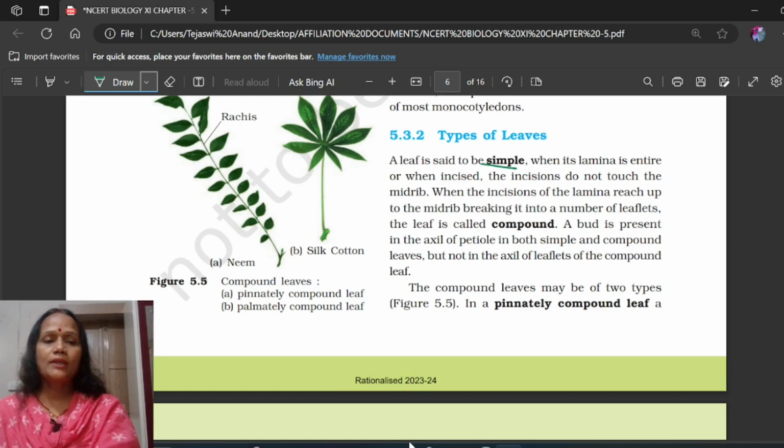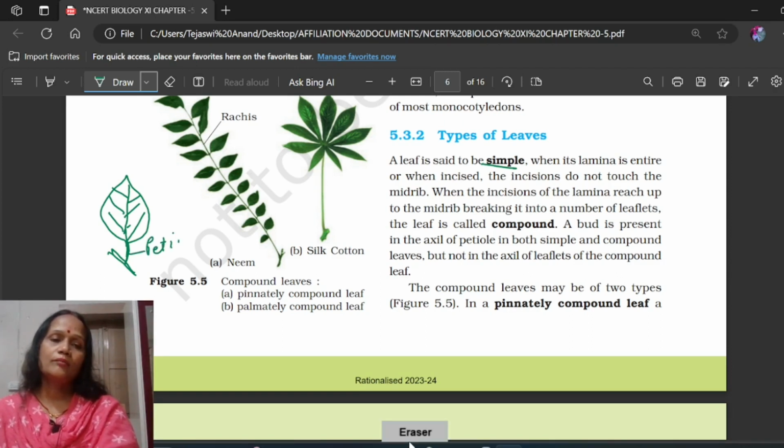In a simple leaf, the midrib divides the leaf into two equal parts and the veins are arranged in this way. This is called a complete leaf, and this is called the petiole, which is attached to the stem, so these are called petiolate leaves. It has one midrib only and one apex only.